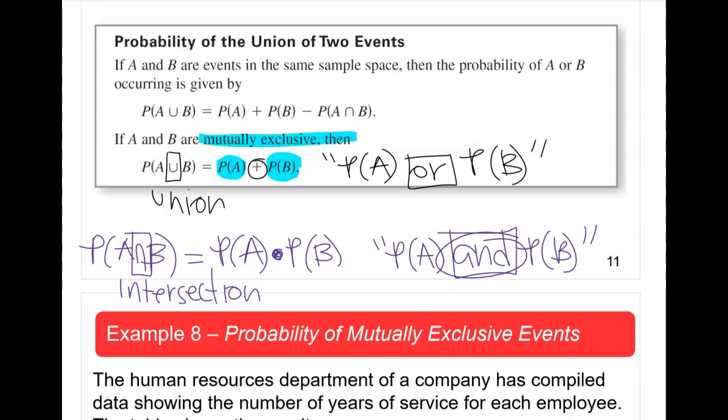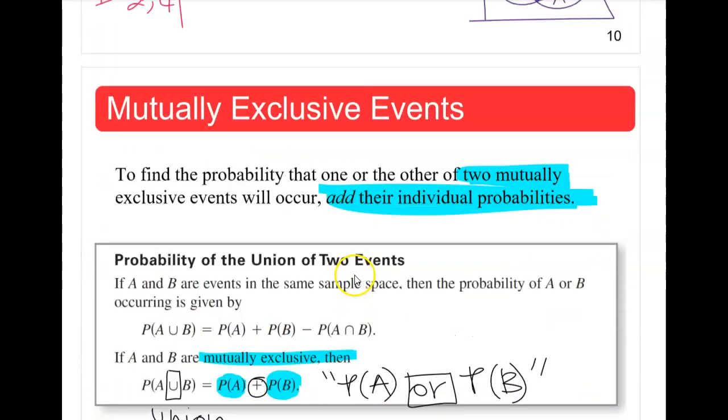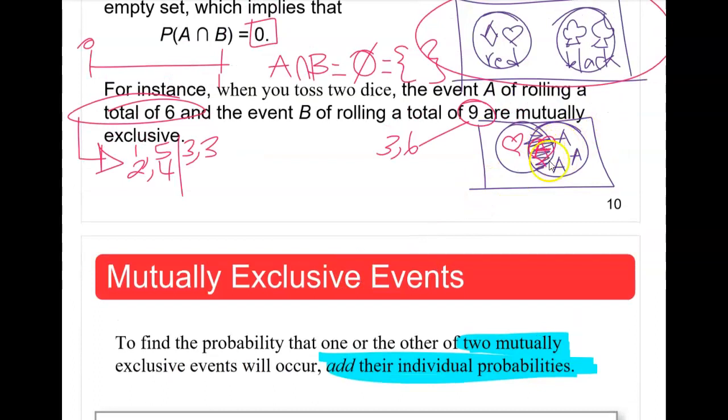When they are not mutually exclusive, such as the example I have here of drawing an ace, where one set is all the hearts and the other set is all the aces, there is one in common. If we were to find the probability of getting a heart from a deck of cards, it will be 13 out of 52, because there are 13 hearts.